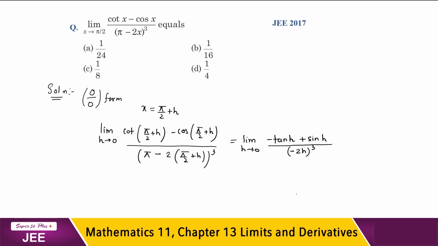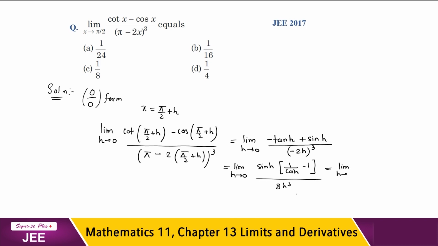So now I can have limit h tending to 0, upon taking sin h as common, we have 1 by cos h minus 1 divided by 8h cube. Alright students, we have first taken sin h as common and minus 1 gets cancelled off in both numerator and denominator. So I hope everybody must have understood till this point.